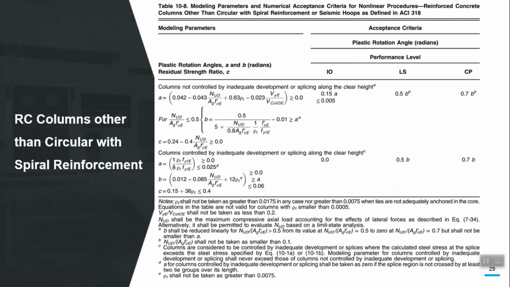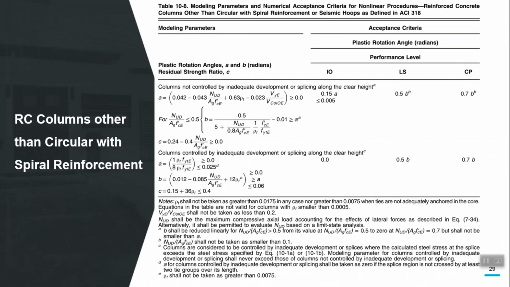And this kind of table in ASCE 41 is not only available for RC beams, it is available for RC columns, for circular and spiral reinforcement, and for rectangular RC columns. It is available for steel members. It is available for shear walls and some other types of elements.